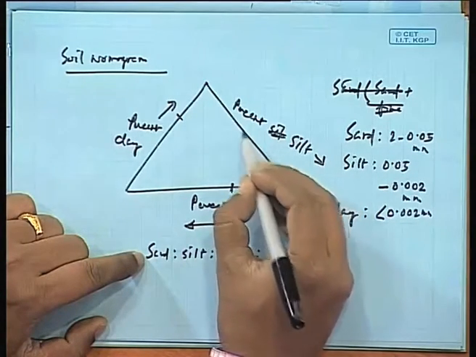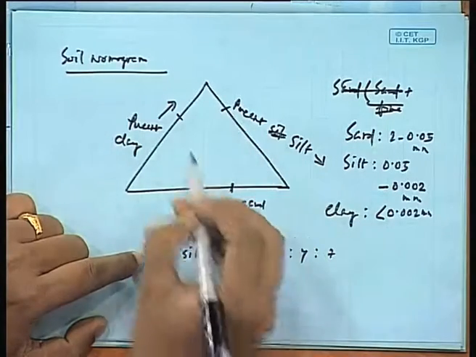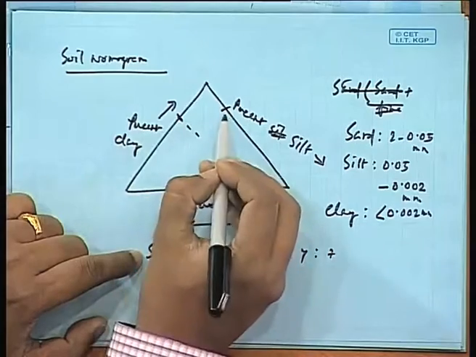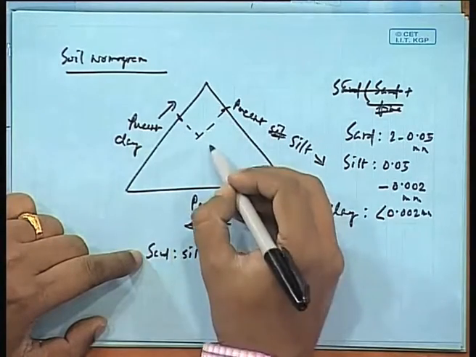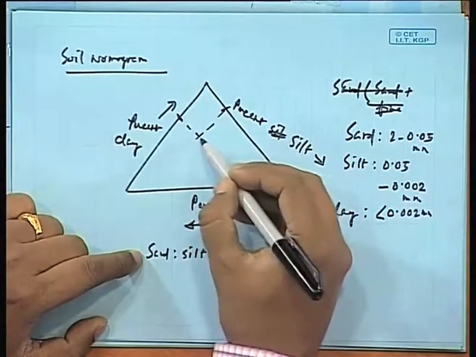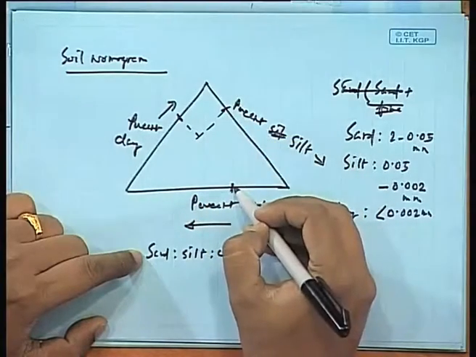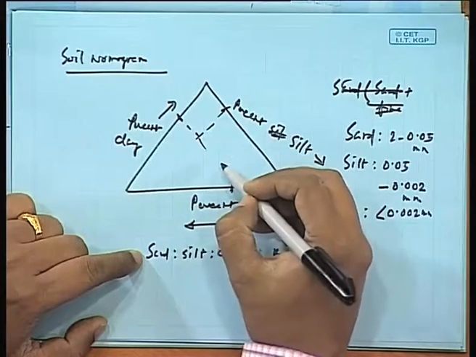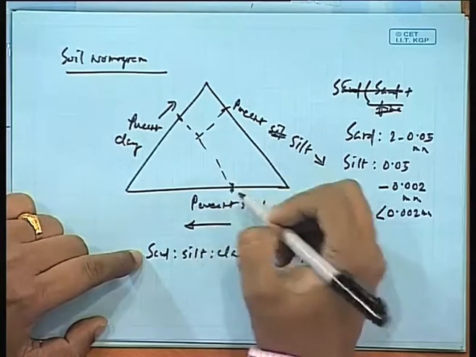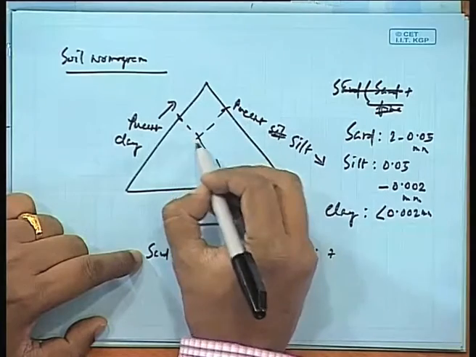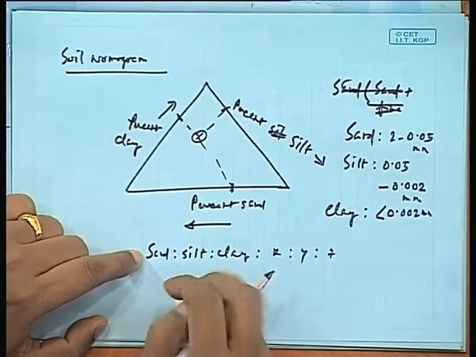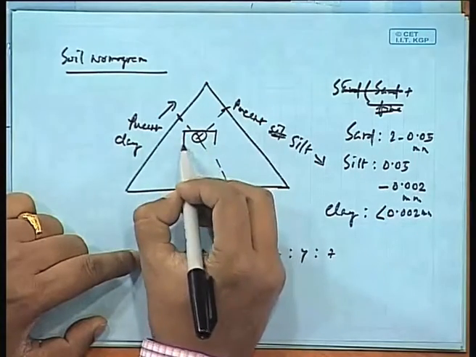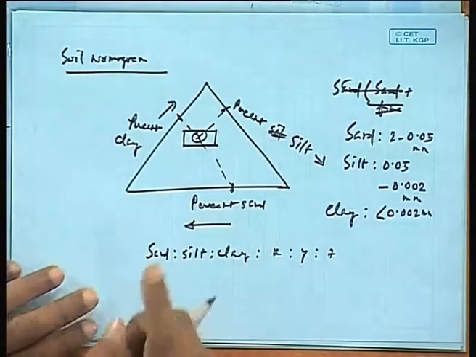Then you draw a line parallel to this line, and wherever they meet, almost closely, this would give you the particular classification of the soil.